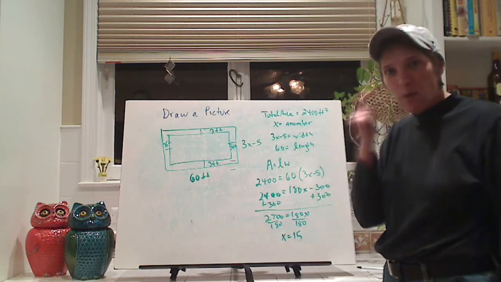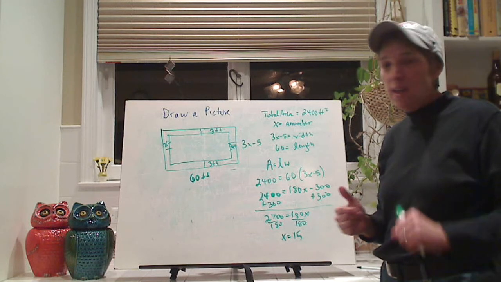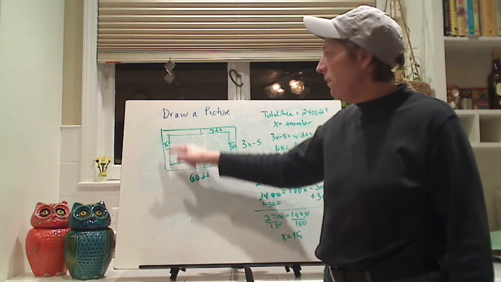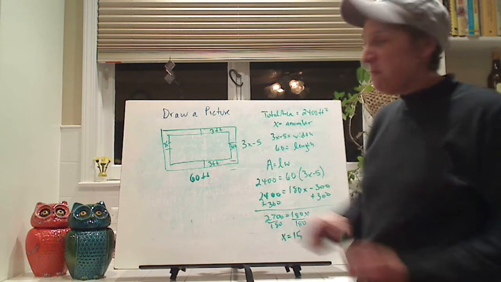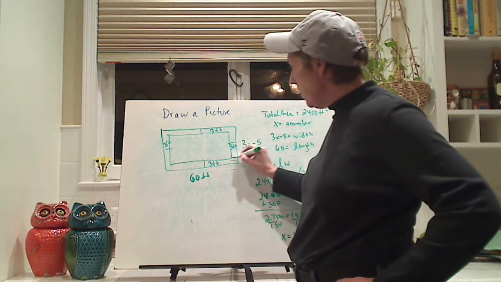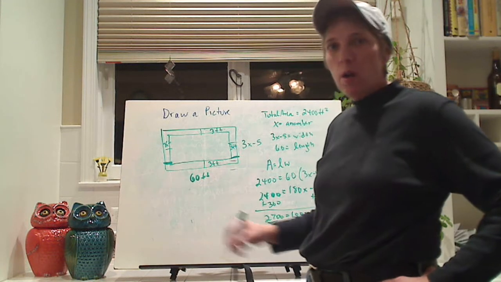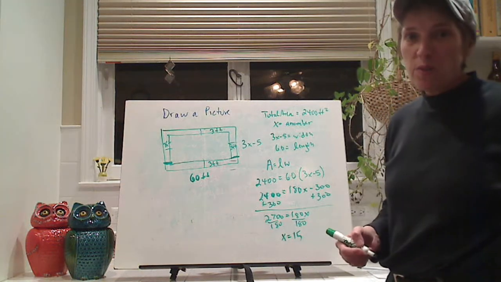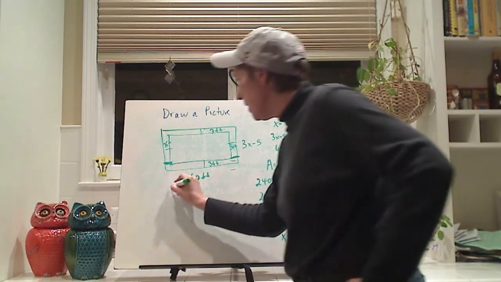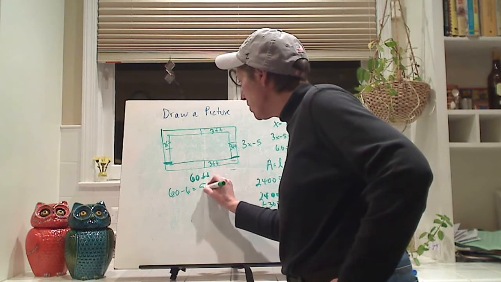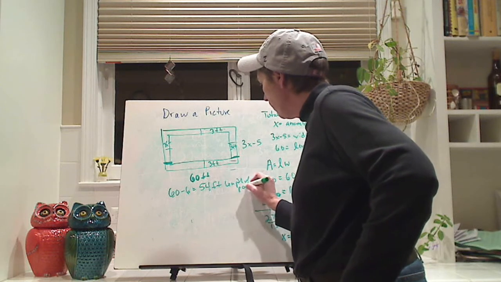So think, what are we going to do to find the area of the swimming pool? The key lies in that there's 3 feet of sidewalk around the entire pool. So if there's 3 feet on this side and 3 feet on this side, what is the length of the swimming pool? I hope you got it. 60 minus 6, which is 54 feet, which is the length of the pool.